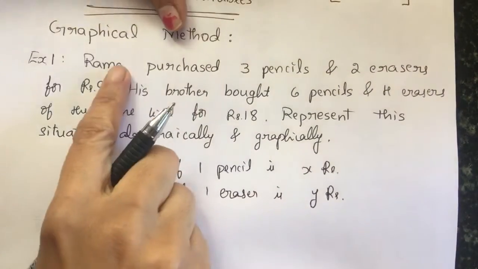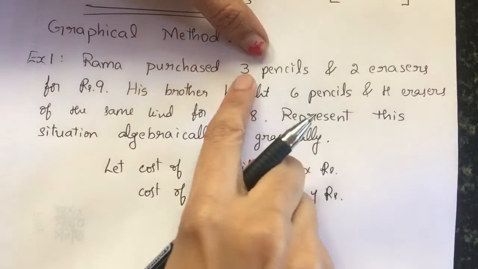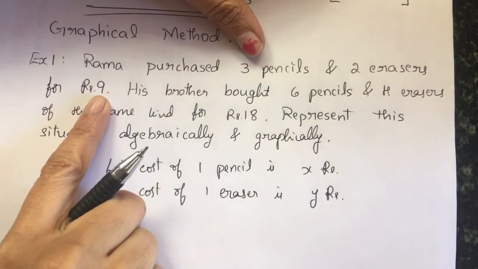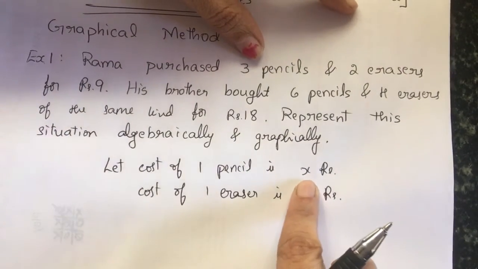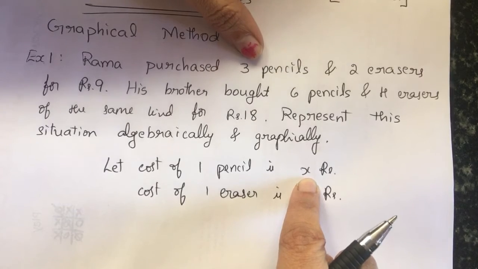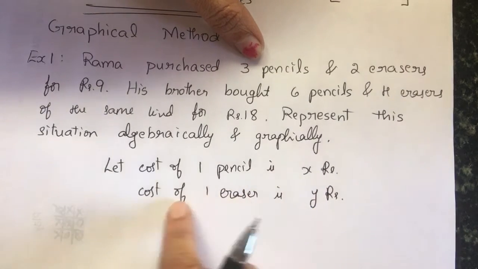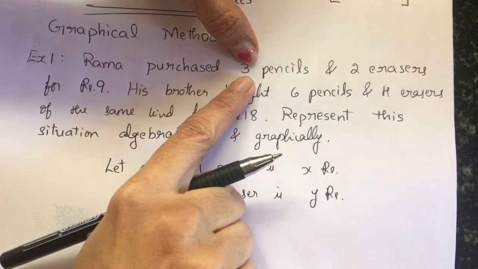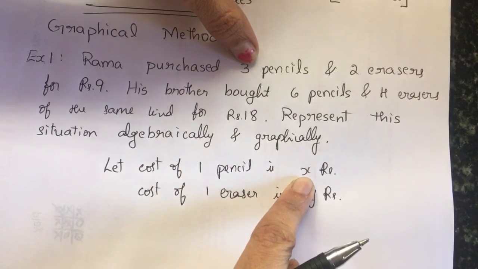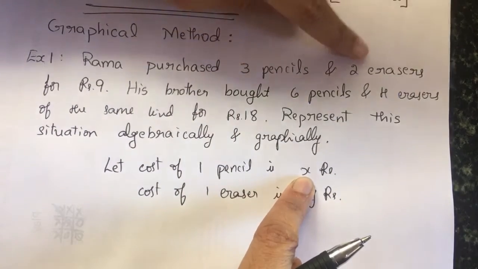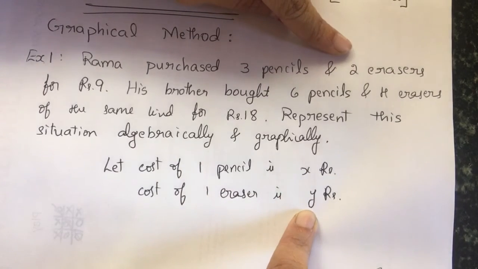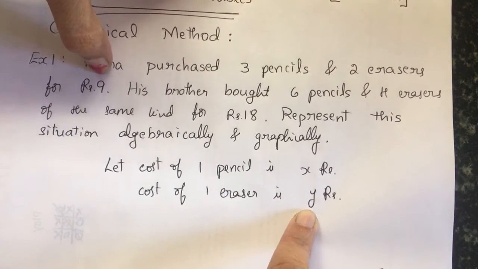Now Rama had purchased 3 pencils and 2 erasers for ₹9. One pencil costs X rupees and one eraser costs Y rupees. He took 3 pencils, so the cost of pencils will be 3x, and he got 2 erasers also, which cost 2y, for ₹9.